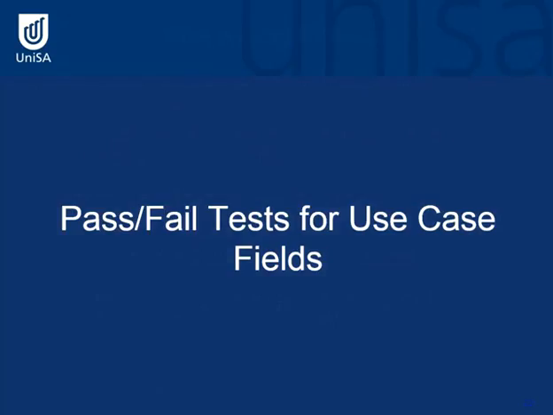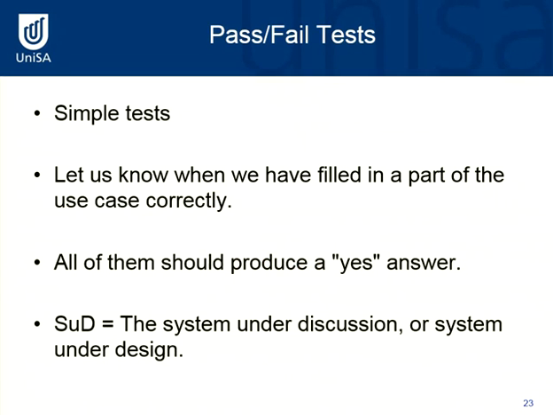He's also given some pass-fail tests for the actual use case fields. So when you're looking at each of those fields, ask yourself pretty much these particular questions to help you in filling out the use case diagram or the fully developed use case description. He refers to an SUD, so I've just told you here what it means. SUD means the system under discussion or the system under design.